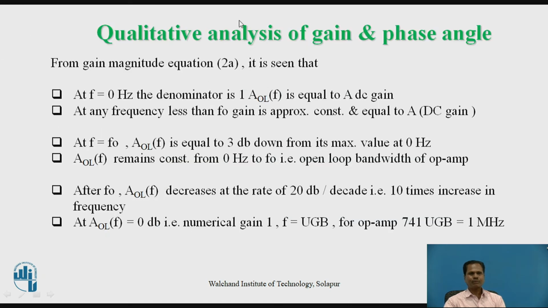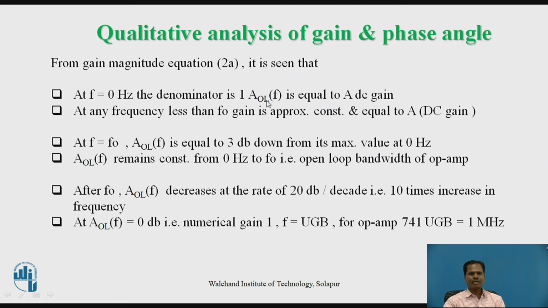Now let us go for the qualitative analysis of gain and phase angle. From the gain magnitude equation 2a, it is seen that at input signal frequency f equal to 0 Hz, that is, when the input signal is a DC signal, the denominator value becomes 1.